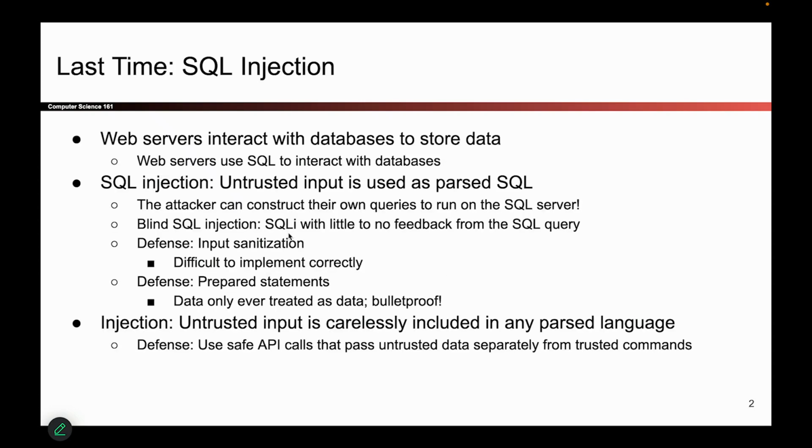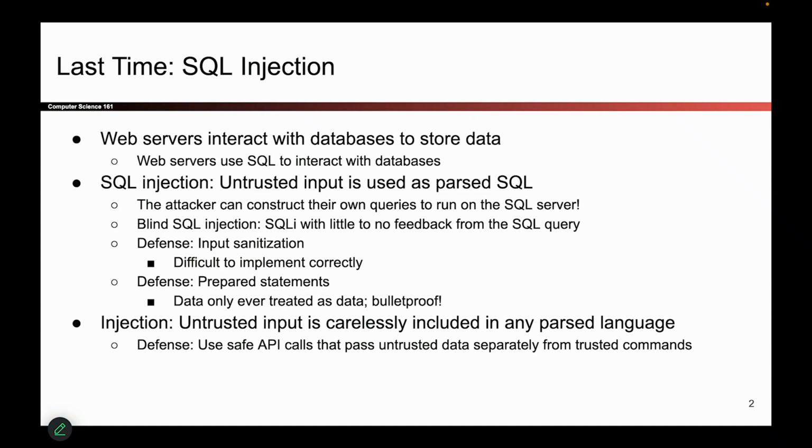So before we do that, really quickly, last time we talked about SQL injection, and the idea was to feed in untrusted input into some query that is then parsed as SQL. This allows the attacker's input to also be parsed as SQL and allows the attacker to run their own queries, delete tables, add their own entries to tables, and otherwise mess with databases on web servers.